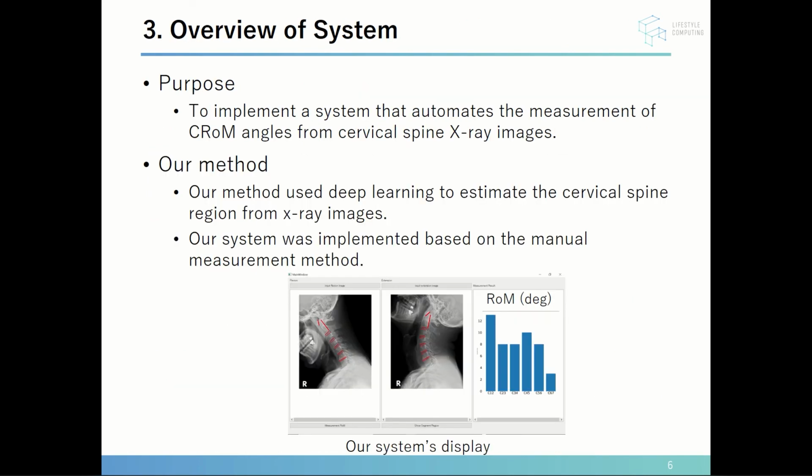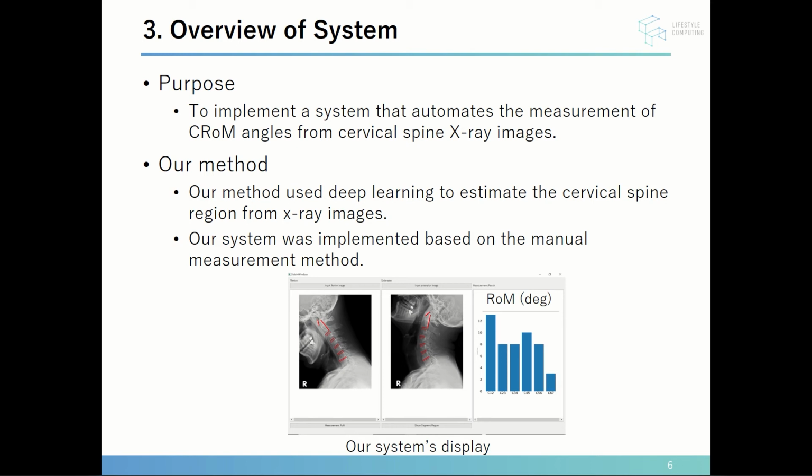So in this study, we aim to support physicians in measuring the CROM angles by implementing a system that automates the measurement of CROM angles from cervical spine X-ray images.